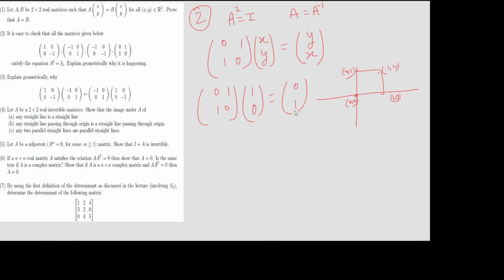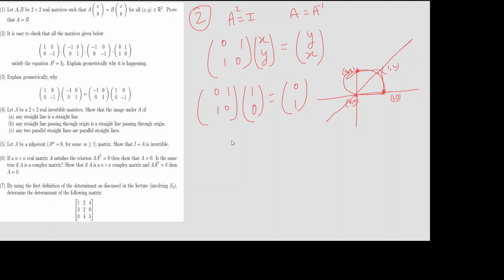That means we have a reflection about the line y is equal to x, which is passing through the origin. So this point will be reflected to this one.